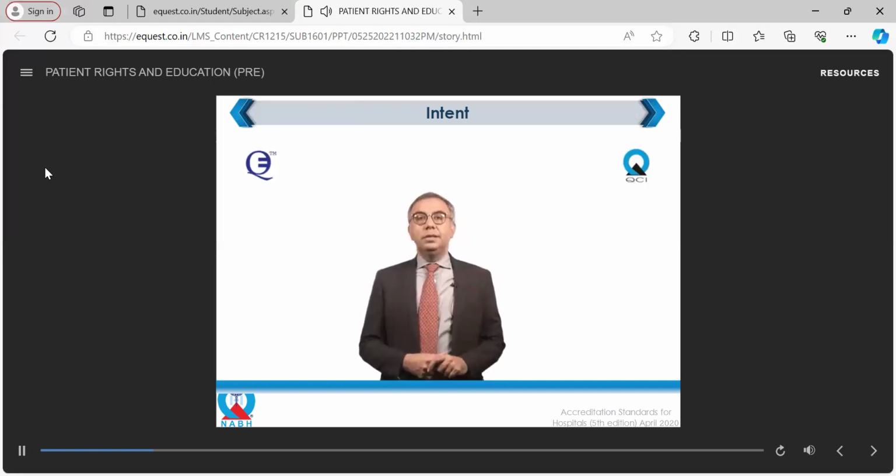For example, compromising the privacy, breaching confidentiality, disrespect to the religious and cultural beliefs, not providing medical records within the stipulated time. All these are infringements of patient rights.